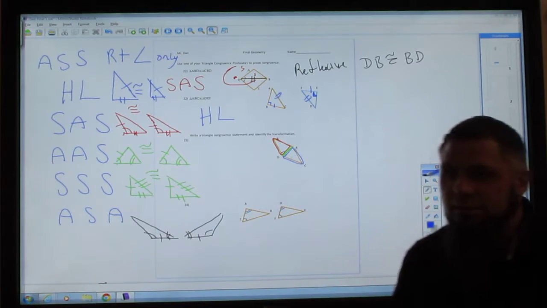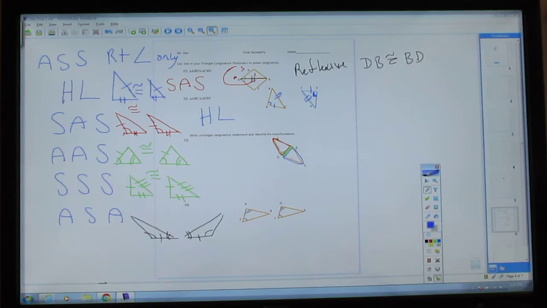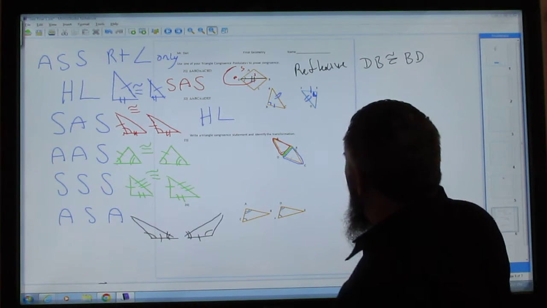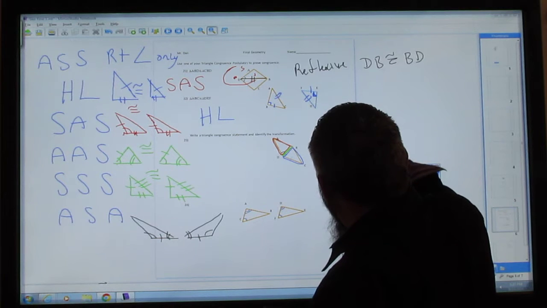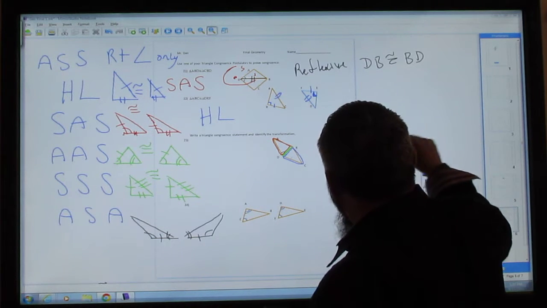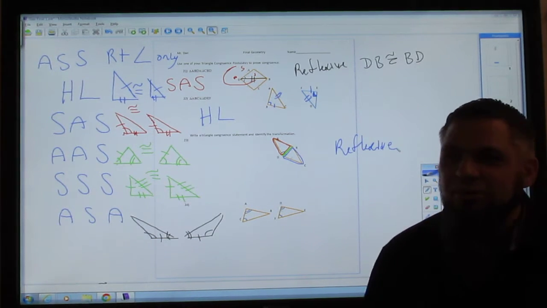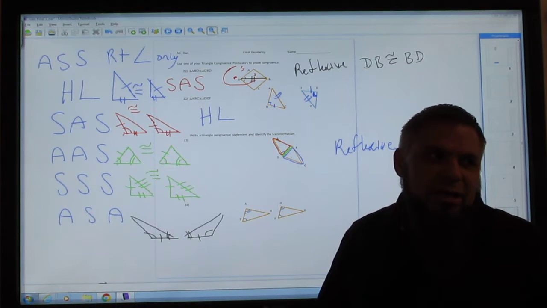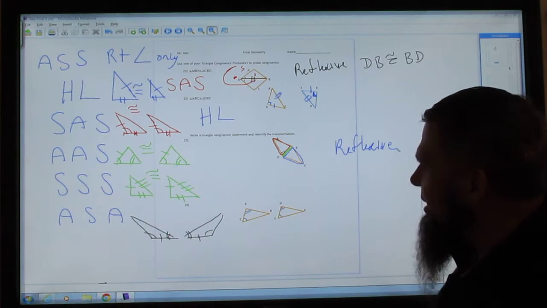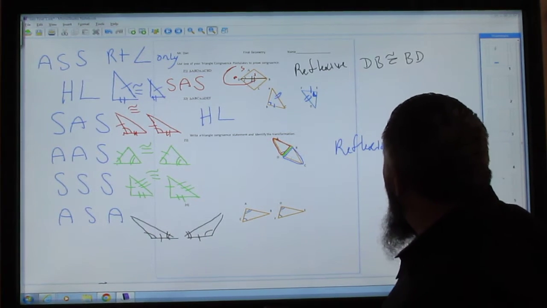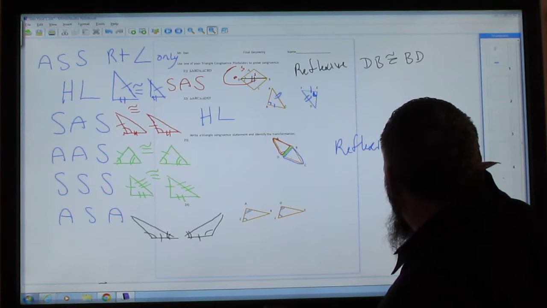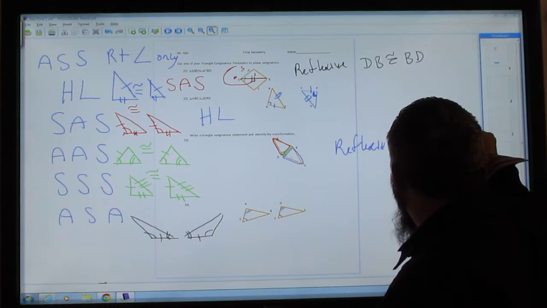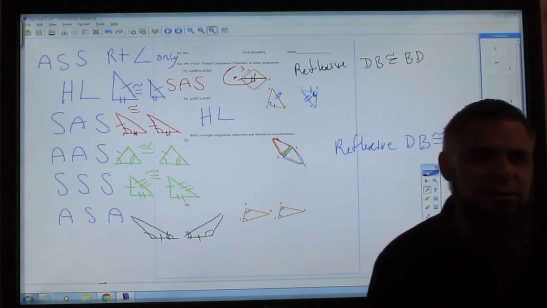So the red and the blue are being shared by the green, meaning reflexive. And all I write is reflex. I'm writing it all out right now, but I just write reflex. And that means that DB is congruent to BD.